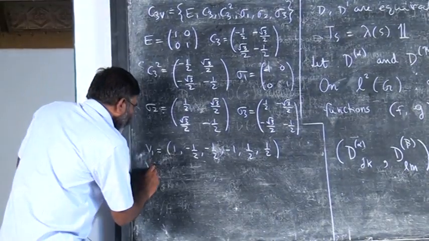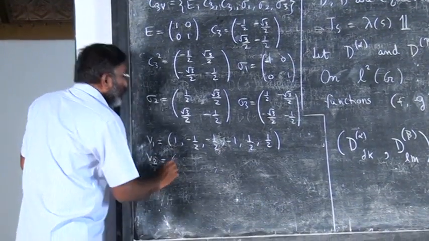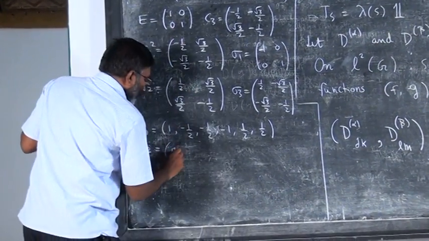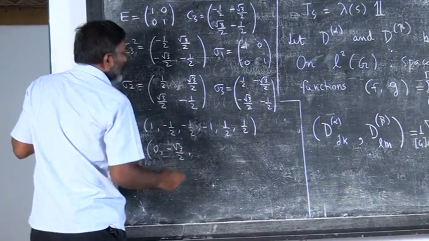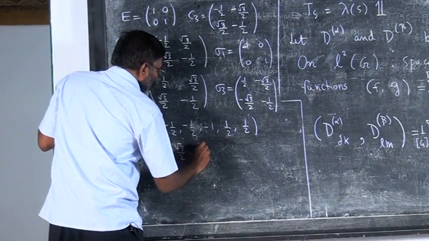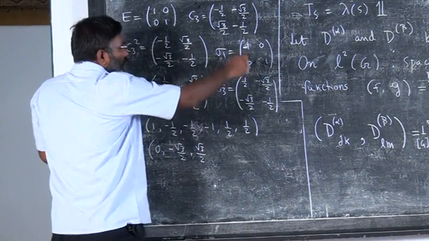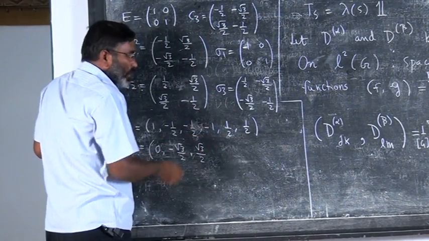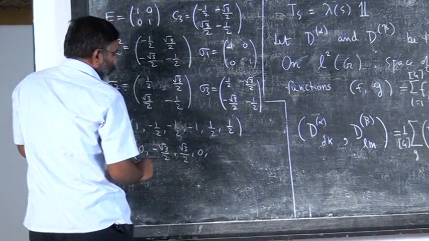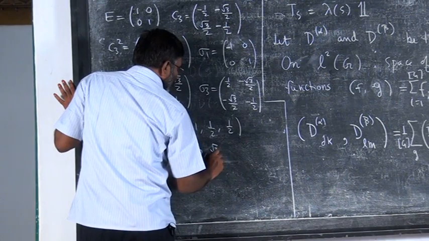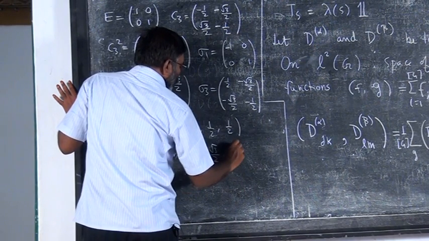Now let me take another vector with the 1 2 elements: 0, minus root 3 by 2, root 3 by 2, root 3 by 2, minus root 3 by 2. Of course, you should do it in the same order, otherwise it will be difficult to show what I wanted to show.